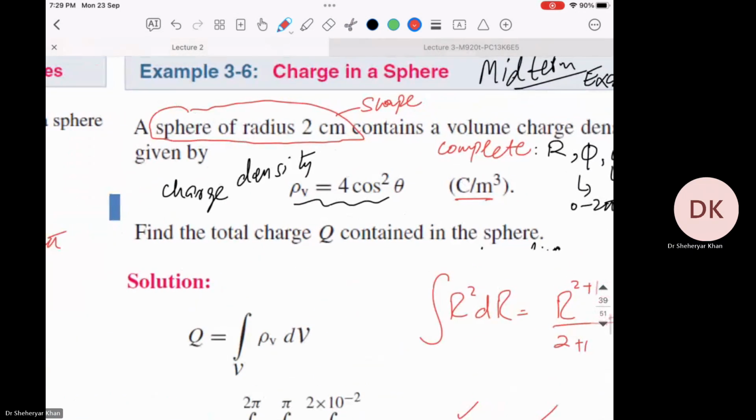Here, you see, there are certain quantities that require volume integration, right? So charge is one of them. So if you know the charge density, then you can find out the charge by using the triple integration. Okay. So we have the line integral, we have the surface integral, and we have volume integration.